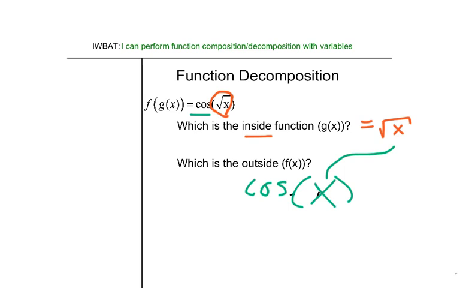Because eventually this will get replaced by this, okay? But right now, if it's looking at just the outside function, there is no square root of x inside yet, if you were going to make it composite.